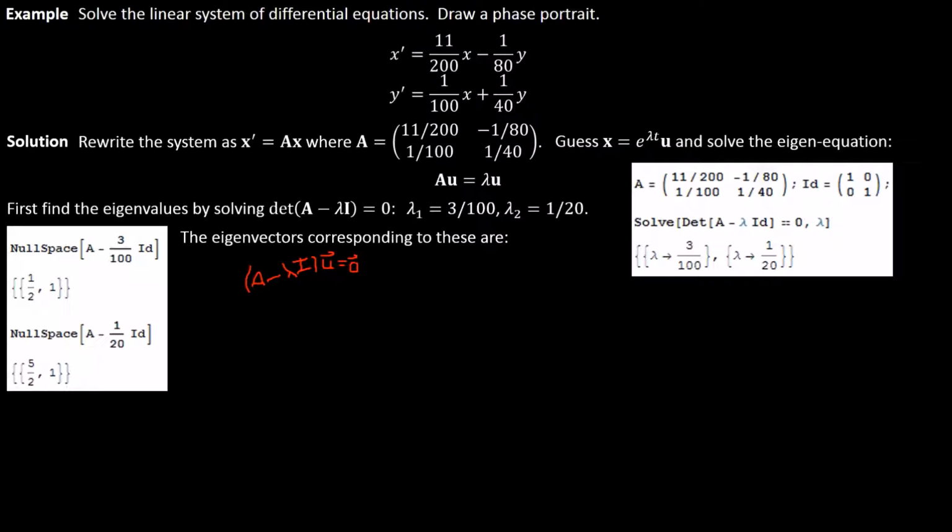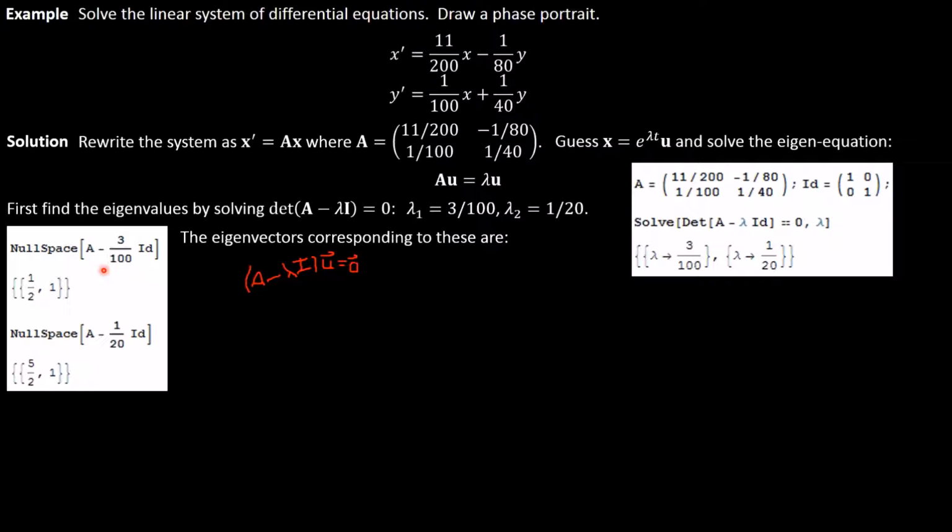You'll recall the only reason this was possible is because A minus lambda I is a singular matrix for these values of lambda. That was the whole point in finding these values. And because it's a singular matrix, it has a null space, and that's what we're trying to find.